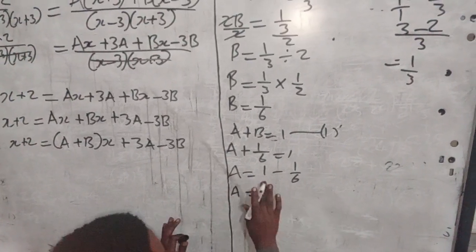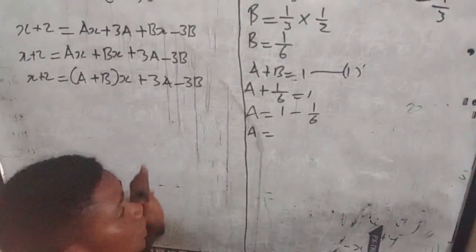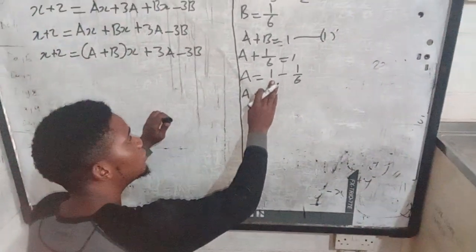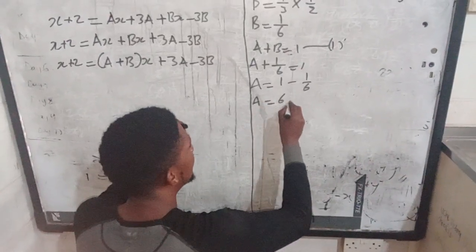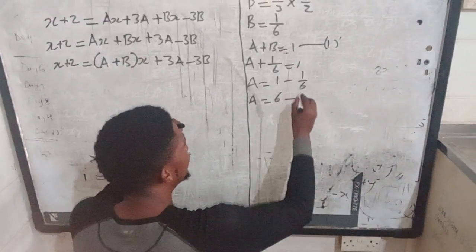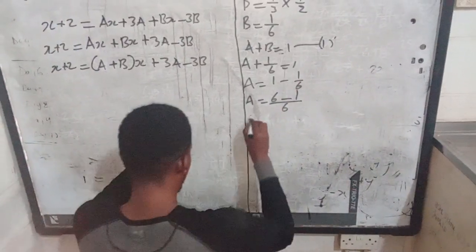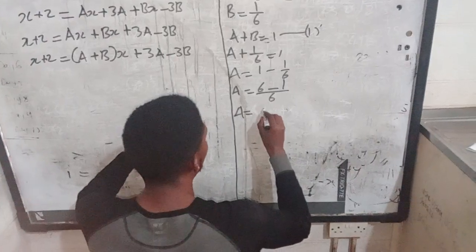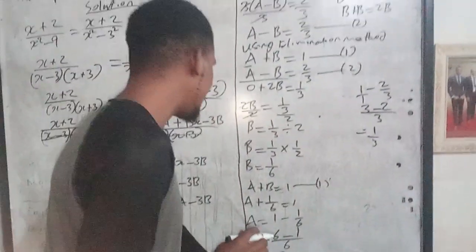There is another way of doing this. If this has no denominator, 6 times 1 will give us 6, minus 1, and the 6 we bring down. Our a is now equal to 5 all over 6. So we have gotten a and b.